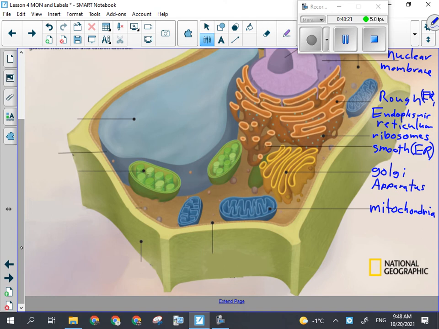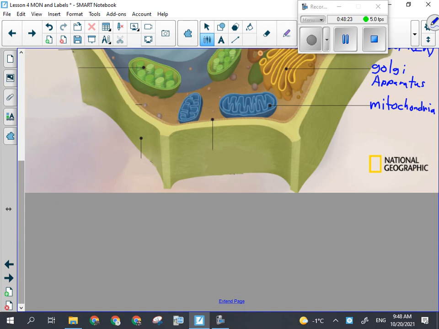Next line here is pointing at the layer inside of the green layer. There's the green layer on the outside, and then there's this faded orange layer just inside of it. That faded orange layer is the cell membrane. Plant cells still have a cell membrane, just like animal cells do.